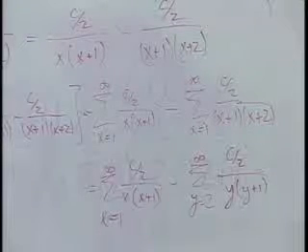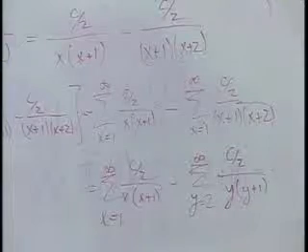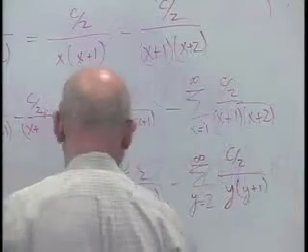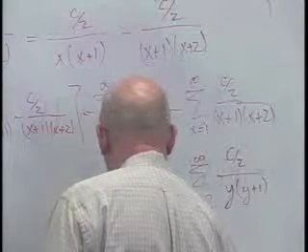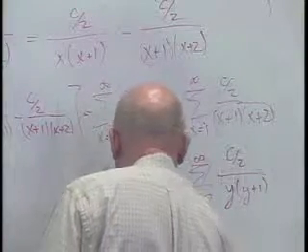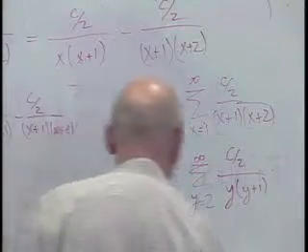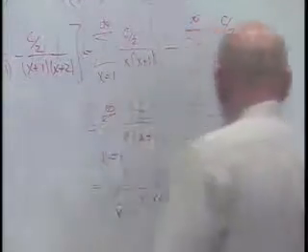How many terms survive when you put it all together? Just one. So this is equal to the sum from x equals 1 to 1 of c over 2 times x times x plus 1. And that's equal to c over 4. That's equal to 1.